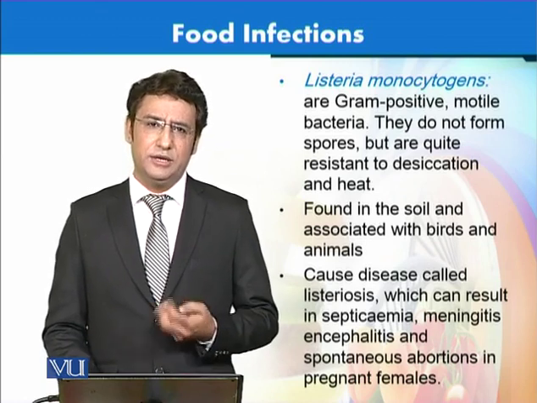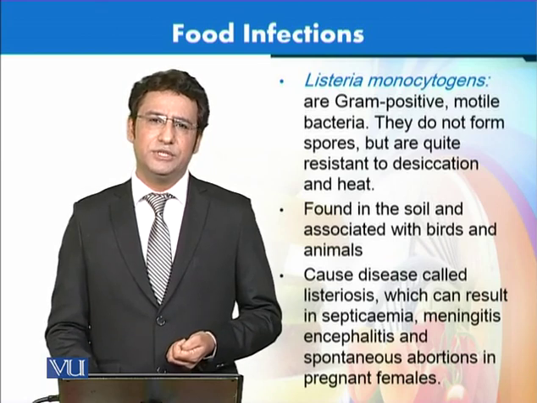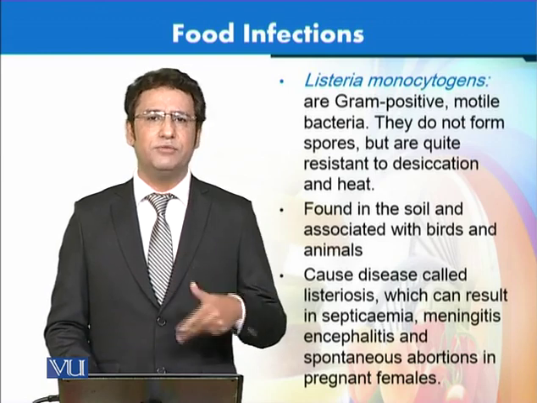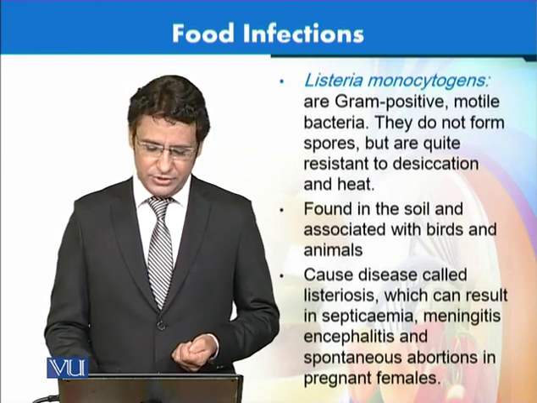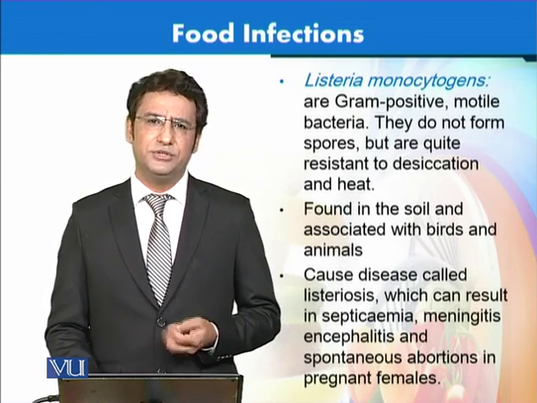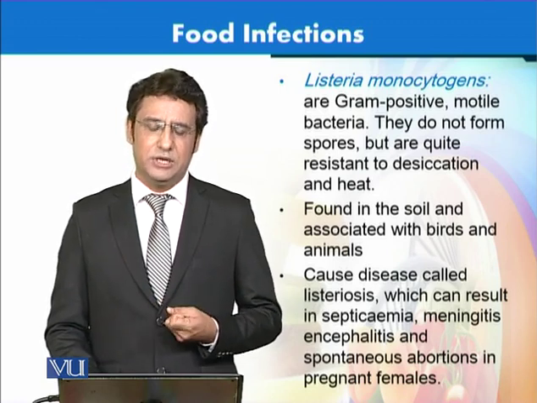Listeriosis leads to many deadly conditions. For example, septicaemia, which is the infection of the blood, when the infection travels into your blood and from that it might have serious implications. Again, meningitis is another disease, which is the inflammation of the membrane of the brain as well as the spinal cord.